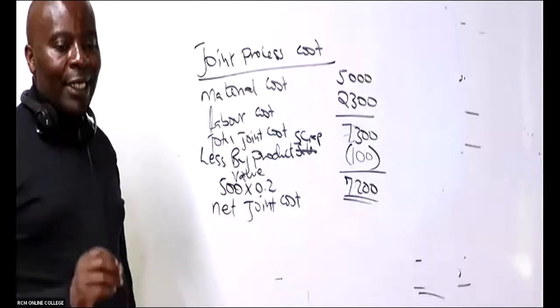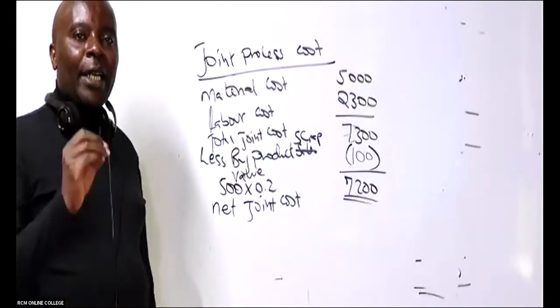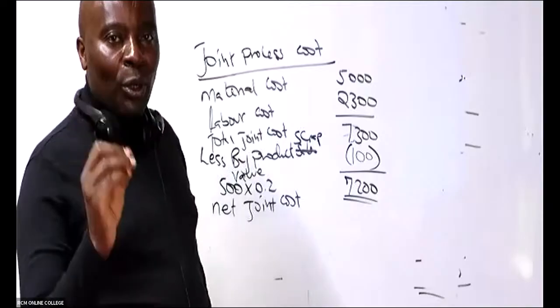Now these net joint costs are the ones that are supposed to be apportioned.